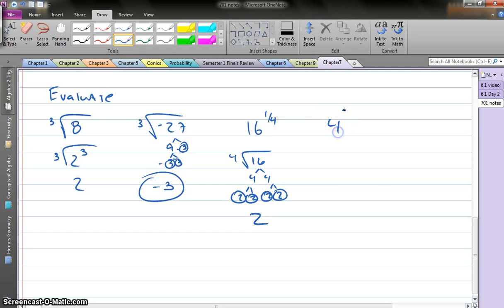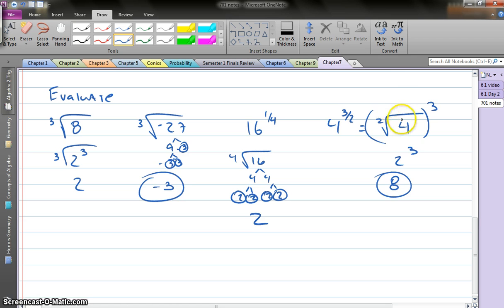All right, what about 4 to the 3/2 power? Sometimes, let's write it in radical form just for some good practice. So I could have the square root of 4, all to the 3rd power. Now you see how I did that? Now, what's the square root of 4? 2 to the 3rd power, which equals 8.